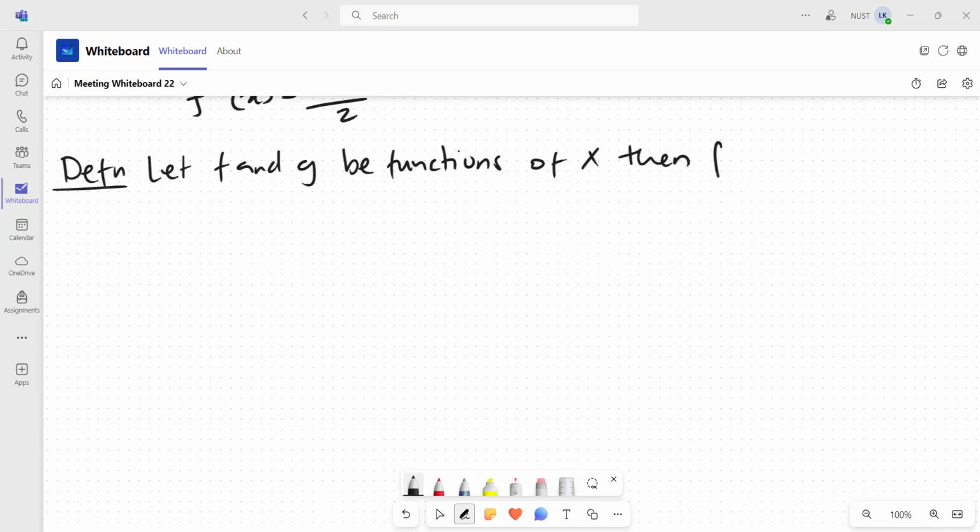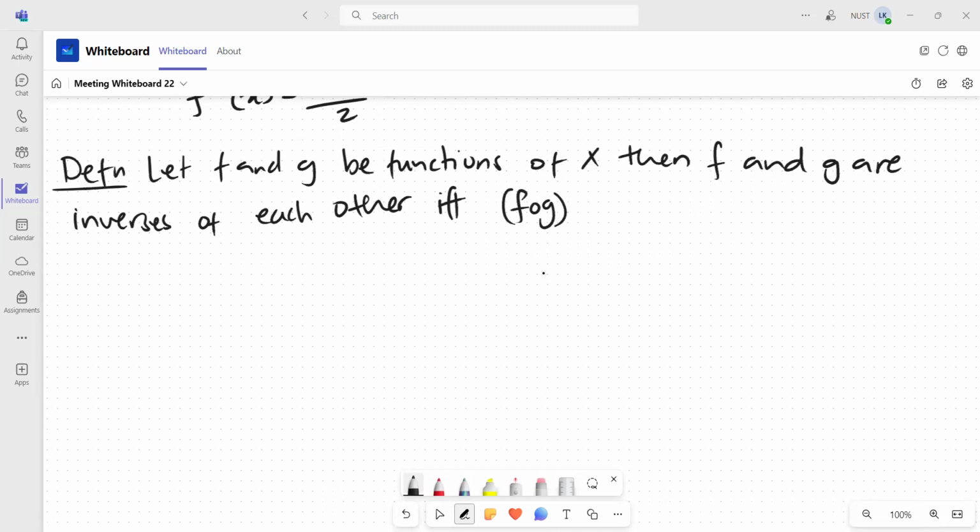Then f and g are inverses of each other if and only if their composition, f composed with g, is equal to x, and g composed with f is equal to x. So that means if you compose f with g and also compose g with f, the answer is just x, then those two functions are inverses of each other.